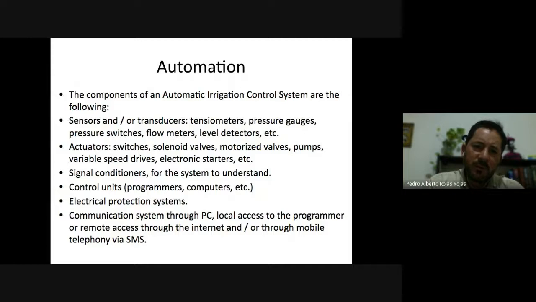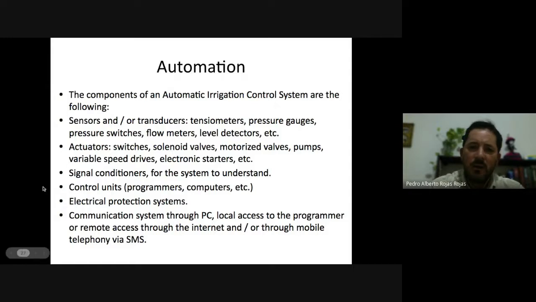The components of an automatic irrigation control are sensors or transducers, which are tensiometers, pressure gauges, pressure switches, flow meters, level detectors, etc. Also the actuators, which are switches, solenoid valves, motorized valves, pumps, variable speed drives, electronic starters, etc. And the signal conditioner for the system to understand. You need to have some signal to start the pump or to start the irrigation system.